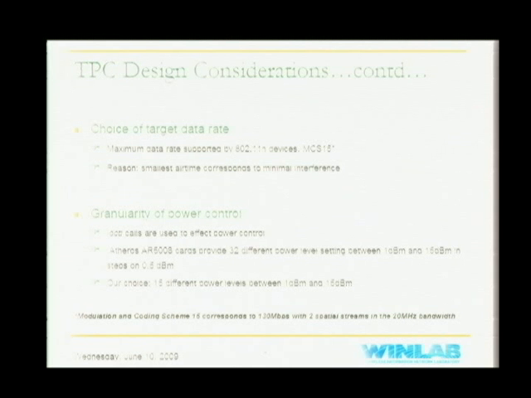So that was the reason why we chose 130 Mbps. True, power control could even provide further gains if we do rate control along with power control. But for typical deployment scenarios where the distance between AP and station is usually small, which can sustain maximum data rate, we chose to use maximum data rate as the target data rate.